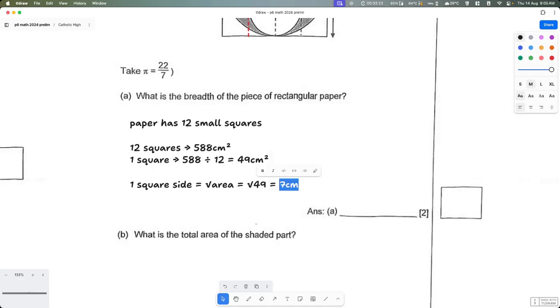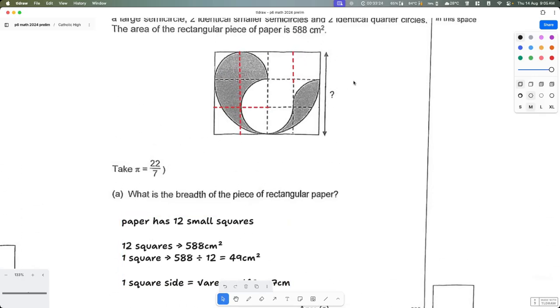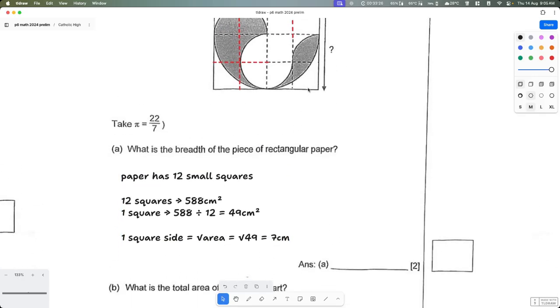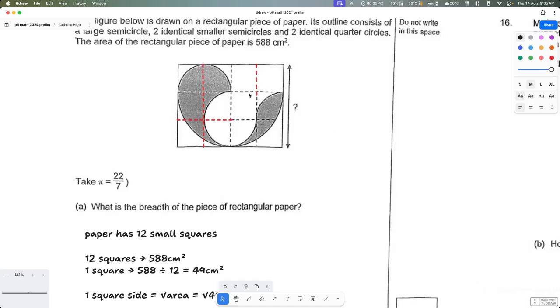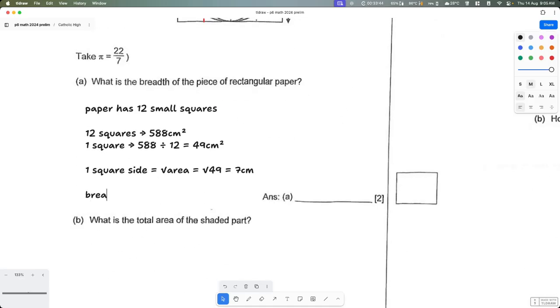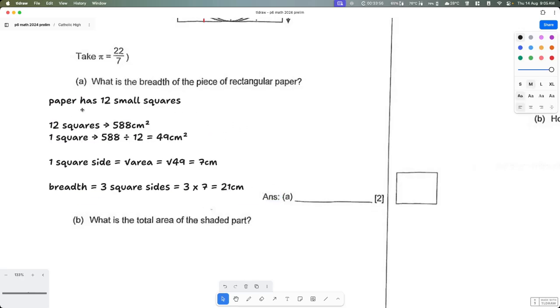So now we know that one square side is 7 centimeters. The breadth over here is 3 squares long. So breadth is equal to 3 square sides, which means 3 times 7 is equal to 21 centimeter. There you go. So that's your answer, 21 centimeters.